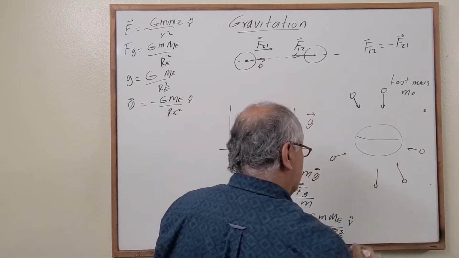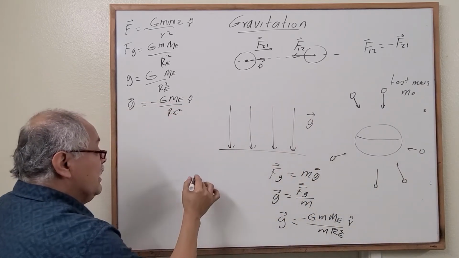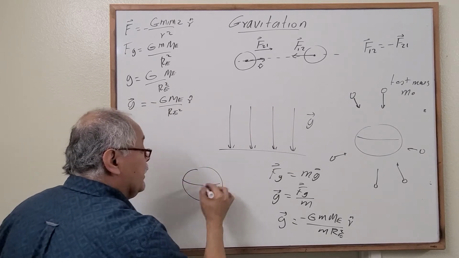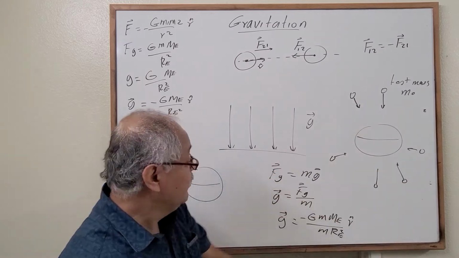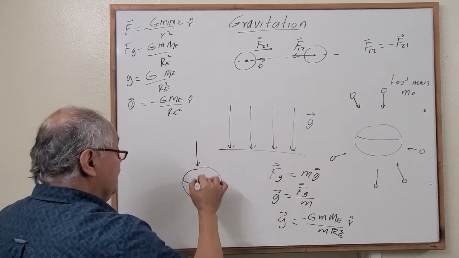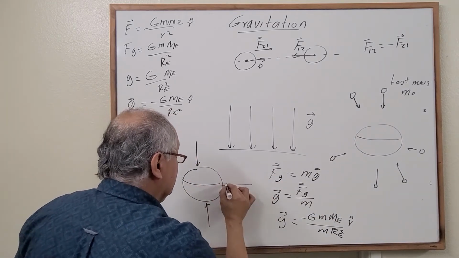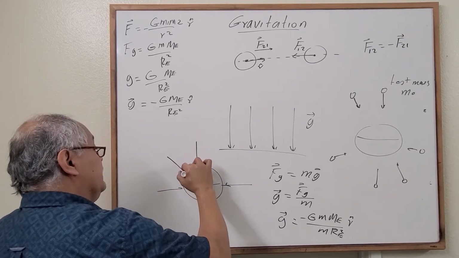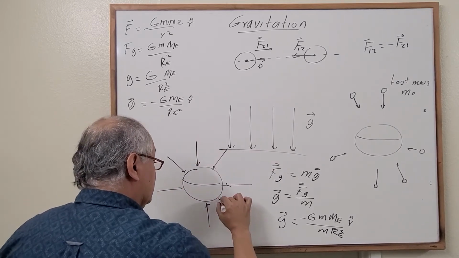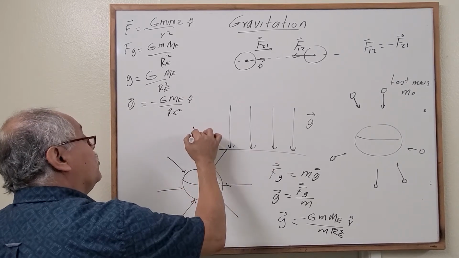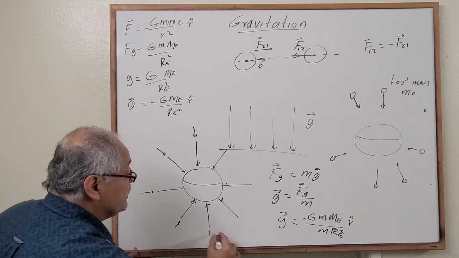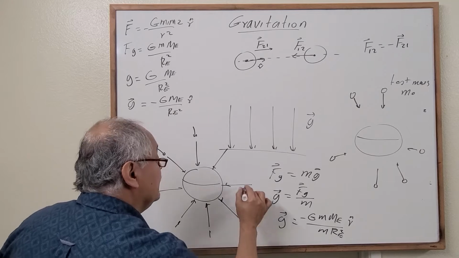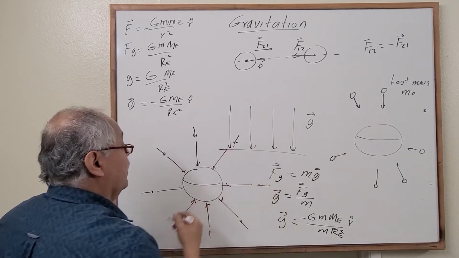Now, what should be the gravitational field on the Earth? Well, it looks like it's going to be in this way. According to the test mass, it's going to be attractive. Of course, we can also represent it in this way, going toward the center of the Earth.